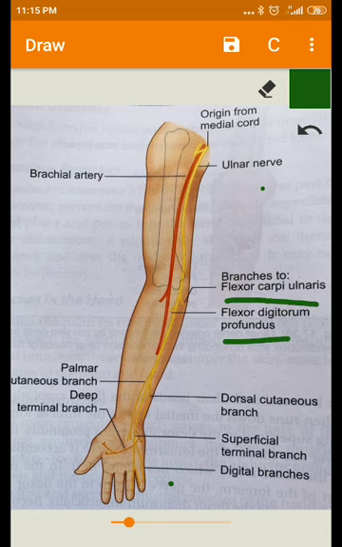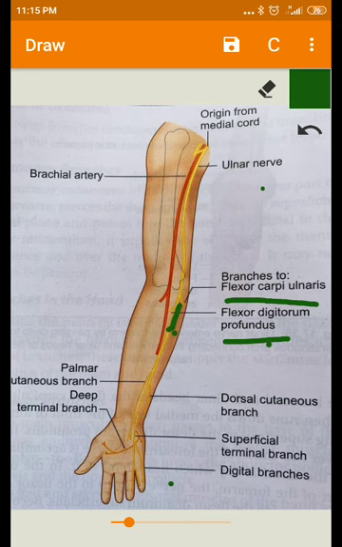So this nerve is passing in between the two heads of flexor carpi ulnaris and then it runs down the medial side of the front of the forearm, superficial to the flexor digitorum profundus.